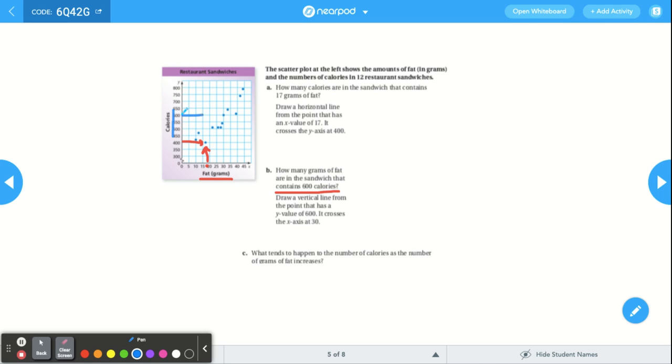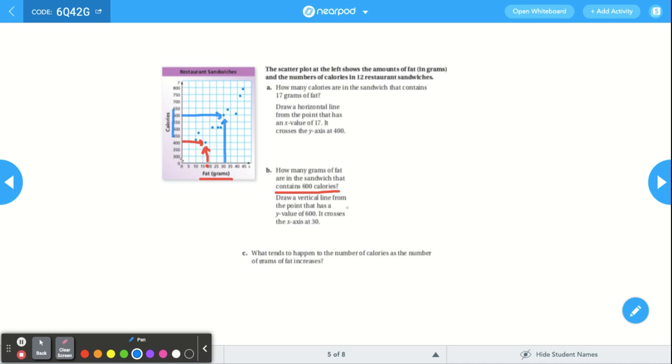So we're going to go across here and find the dot that represents a sandwich with 600 calories. And then we're going to look at the number of fat. So go straight up from there. It looks like there is 30 grams of fat in a sandwich with 600 calories.